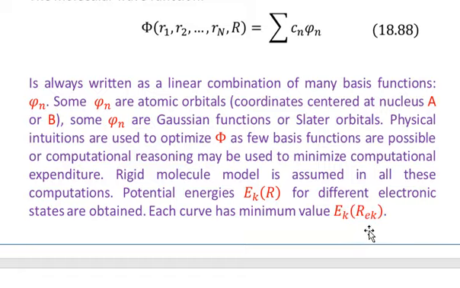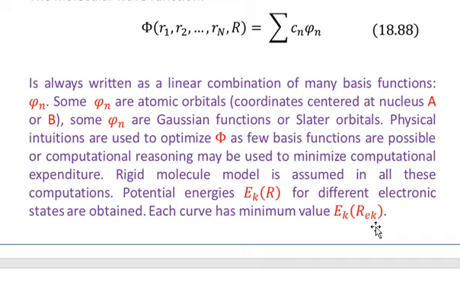Re is the equilibrium distance, and this equilibrium distance will vary for different electronic states. So Rek, where k stands for the electronic state, and Ek of R is the potential energy corresponding to the electronic state k as a function of capital R, and Ek of Rek is the binding energy corresponding to the electronic state k evaluated at the equilibrium distance Re of the kth electronic state.